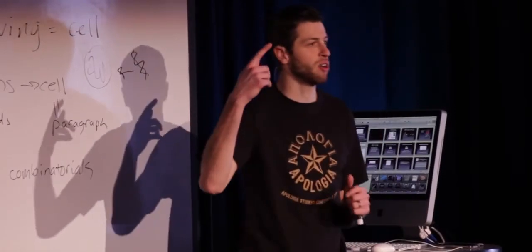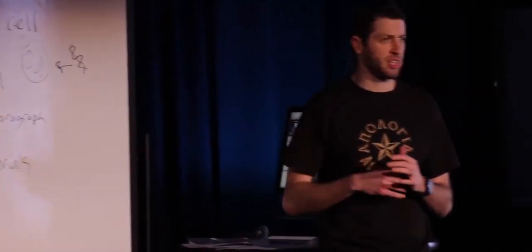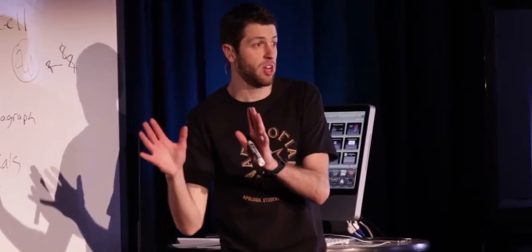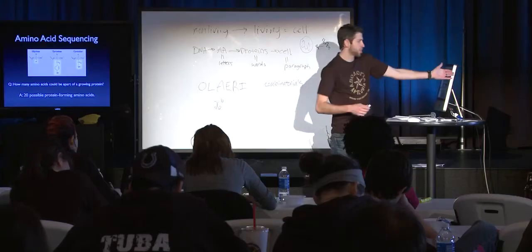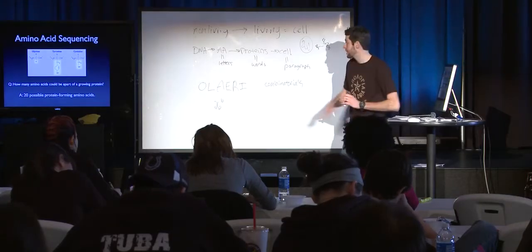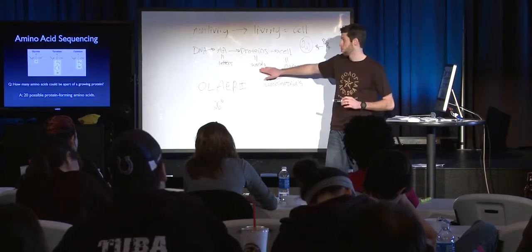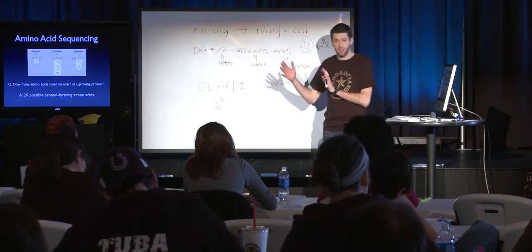But now let's think about amino acids, proteins, words, letters, those sorts of things. Now we need to make the jump from combinatorials, math, all that stuff, to the biology realm. So the question, how many amino acids, how many letters can be a part of a growing protein word? So how many, in our science language, not in the English language anymore, are there?